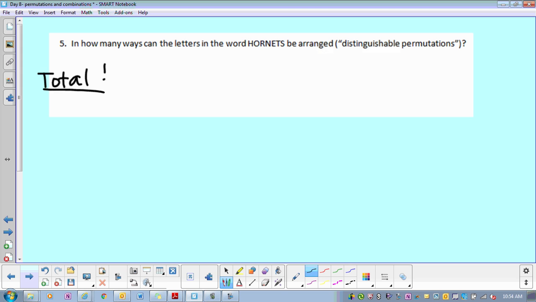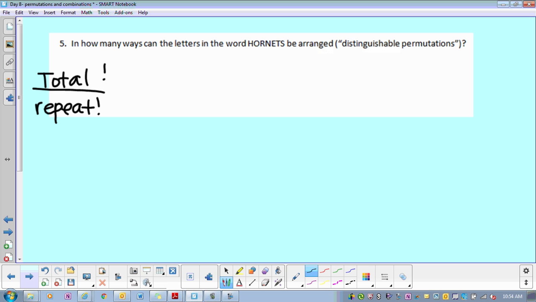Write this down. Total factorial divided by repeat factorial. Okay? This is the best way to do this, I think, when they ask you how many ways you can arrange letters in words. Okay?